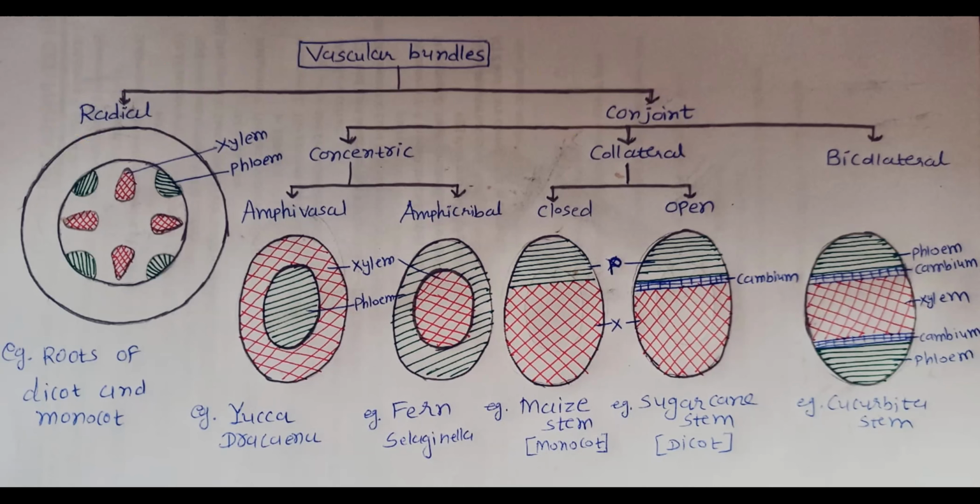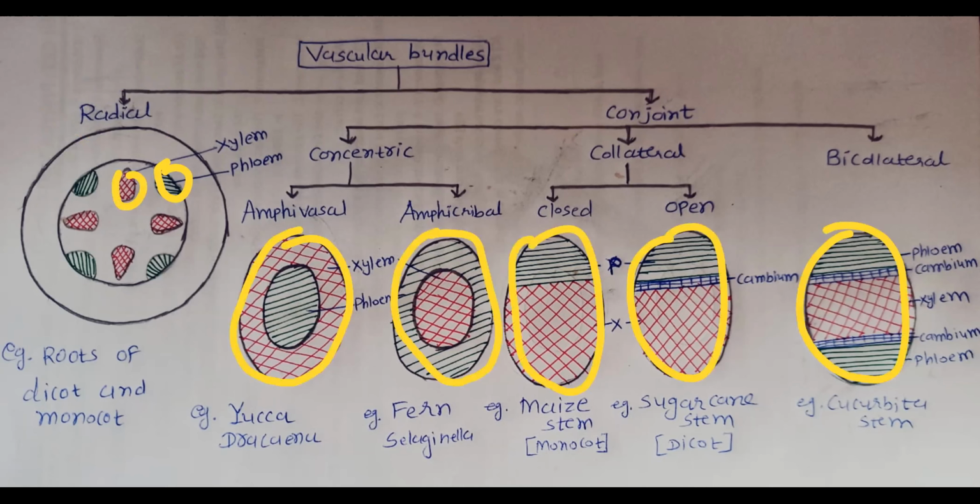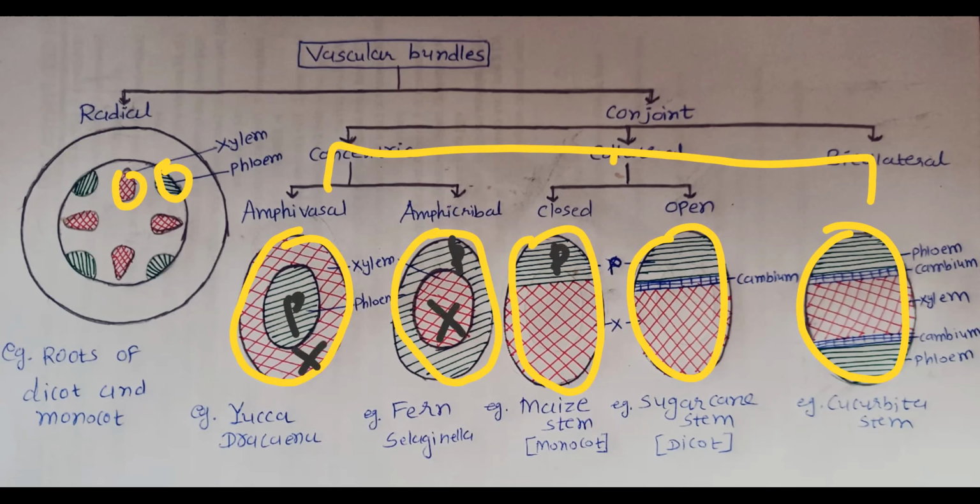See, this is one bundle. This is another bundle. Here, this itself is one vascular bundle. If you compare these bundles, each one has got phloem and xylem, phloem and xylem, phloem and xylem.